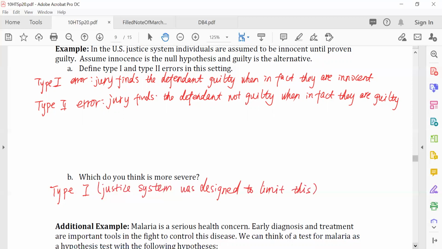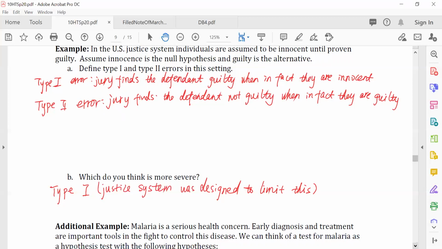I remember there was a famous case on The Simpsons. He was a famous football player, and he was accused of killing his ex-wife and her boyfriend.